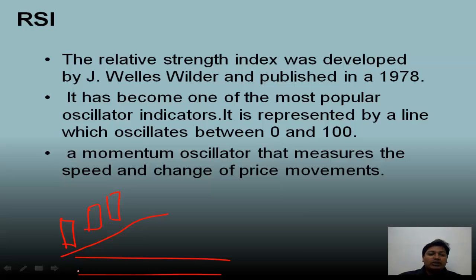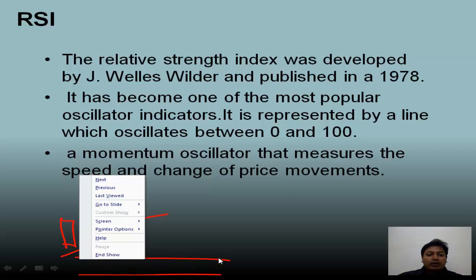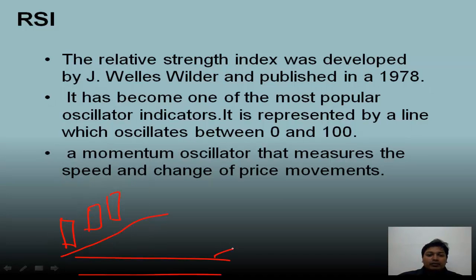They are called oscillators because these indicators oscillate between the upper and the lower band. This band is always 100, this band is always 0, and these indicators keep moving between 0 and 100, and hence it is called an oscillator indicator.